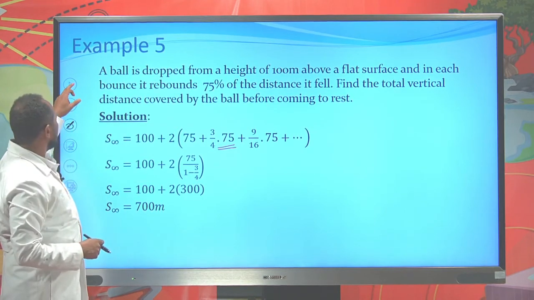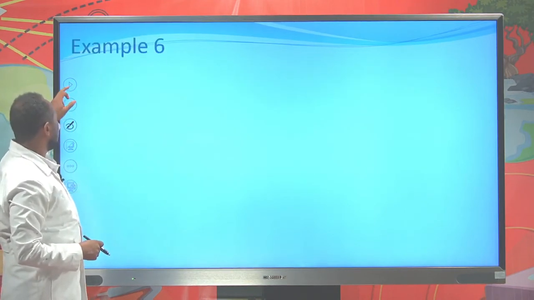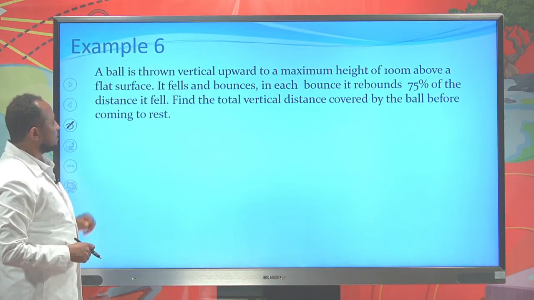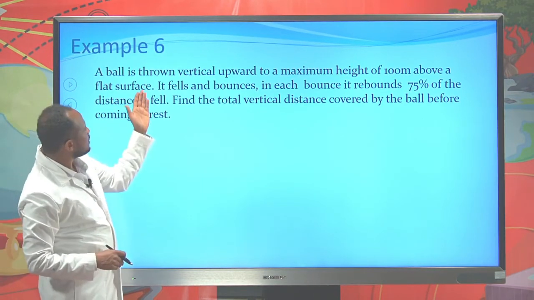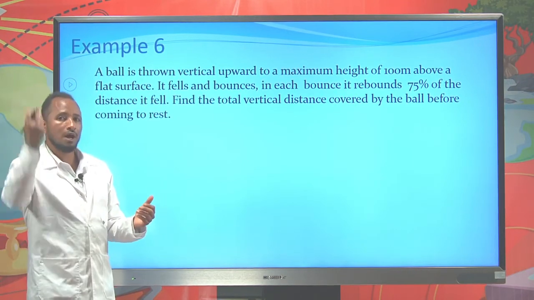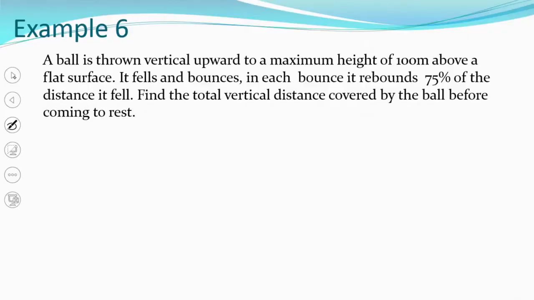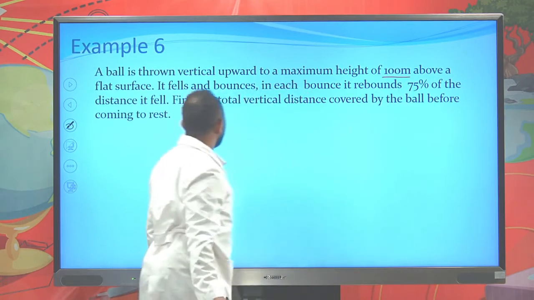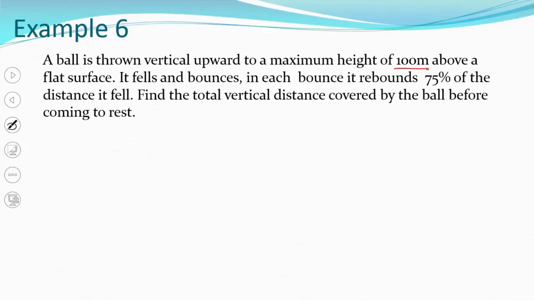Now let's see one last example. Here a ball is thrown vertically upward. In this case, it's not falling, it's moving up. A ball is thrown vertically upward to a maximum height of 100 meters above a flat surface, and it falls and bounces.